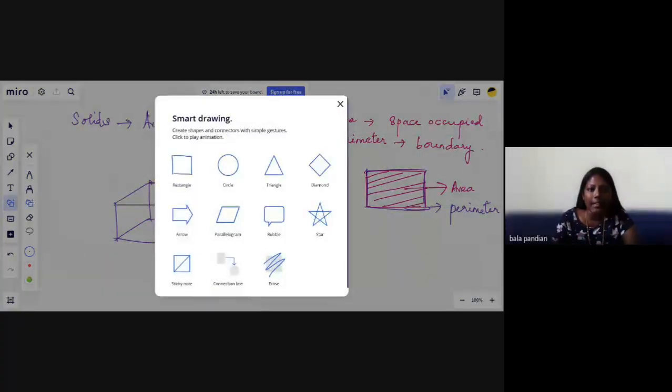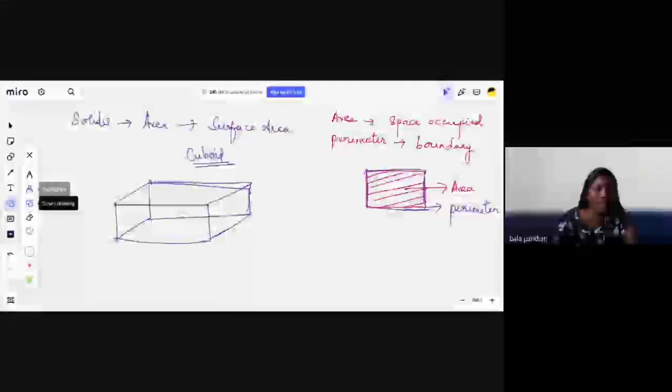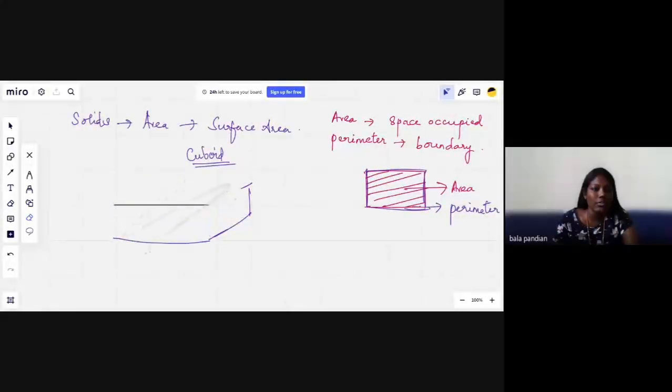So when I have a cuboid, for example, let me show it in different colors so that it will be useful for you. Let me draw first one rectangle in purple color.